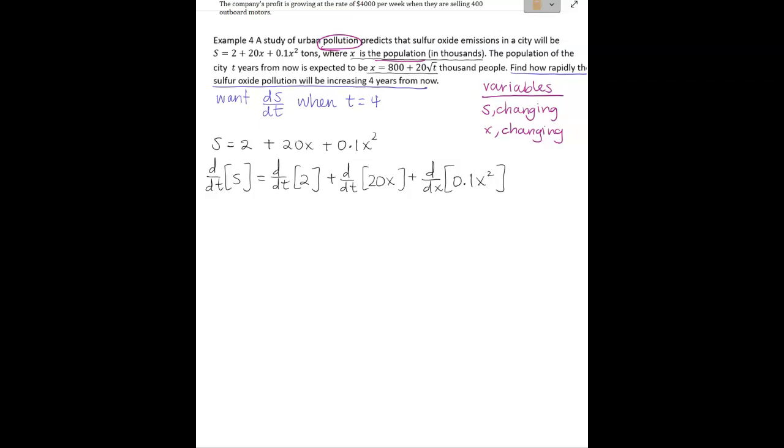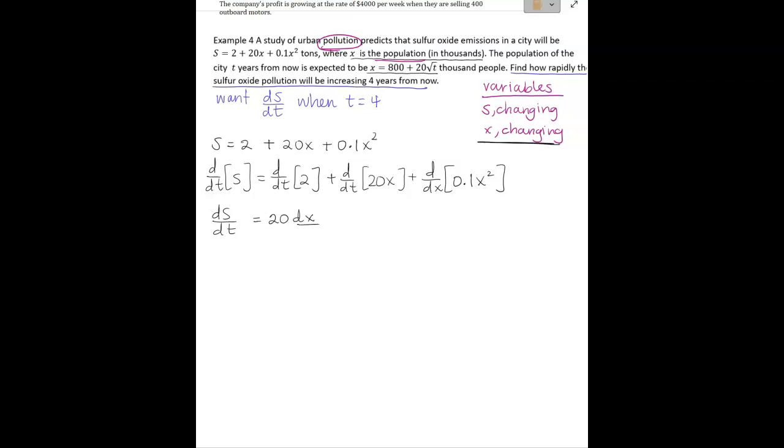And now let's start differentiating. The derivative of s with respect to t is ds dt. The derivative of 2 with respect to t is 0. The derivative of 20x with respect to t: the 20 is a constant, and the derivative of x is not 1, because x is changing.